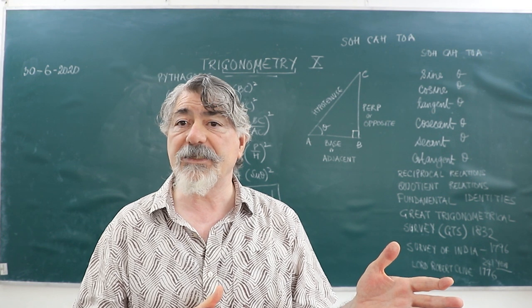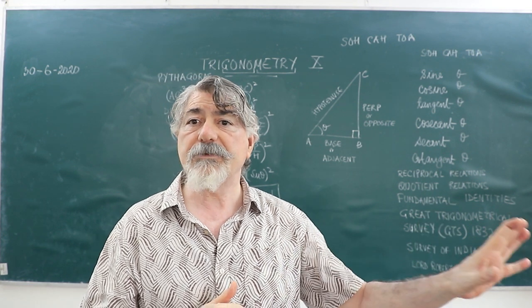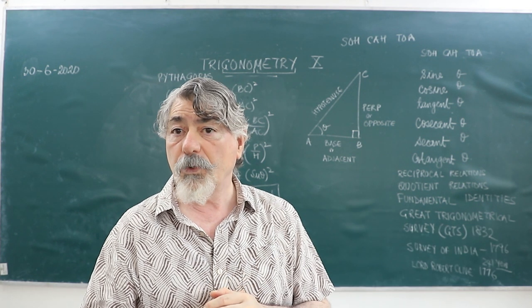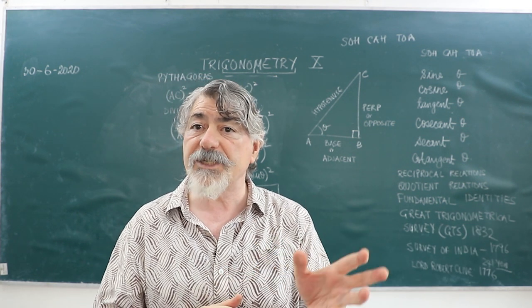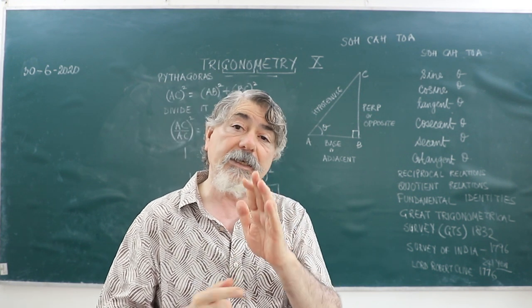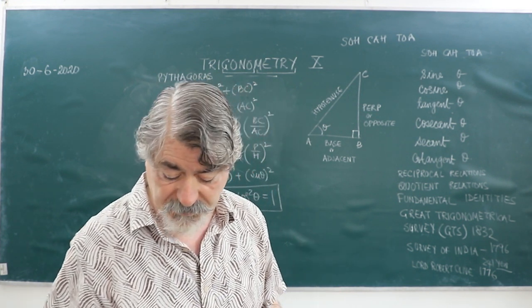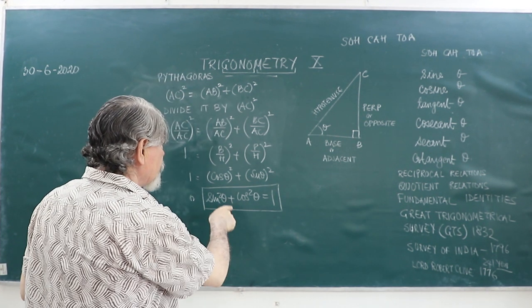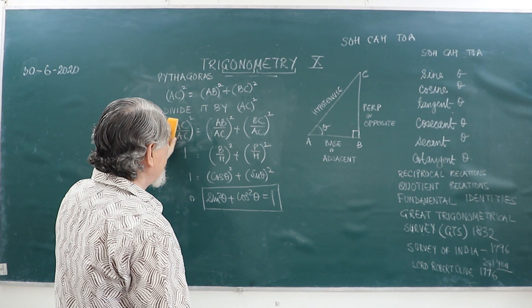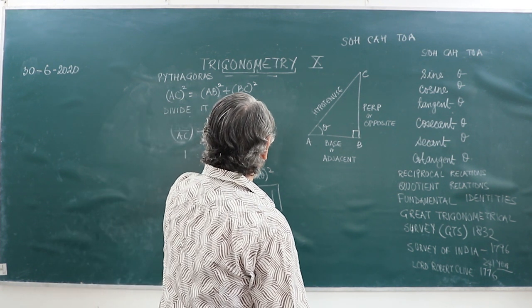Whenever you see sin square theta plus cos square theta, you will have one thing in mind, that I can write it equal to 1. Or sometimes if you see 1 and you need sin square theta plus cos square theta, I can replace 1 by sin square theta plus cos square theta. So this is one of the identities which I am going to write separately and remove this, because I am going to do the next one now.